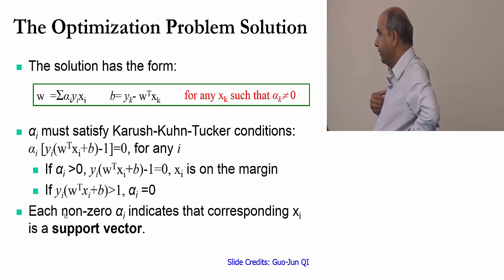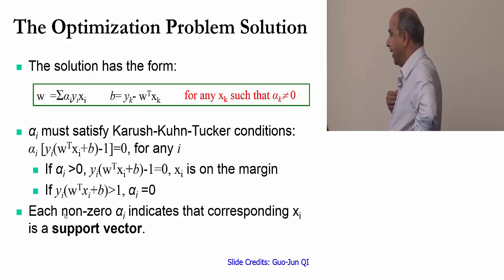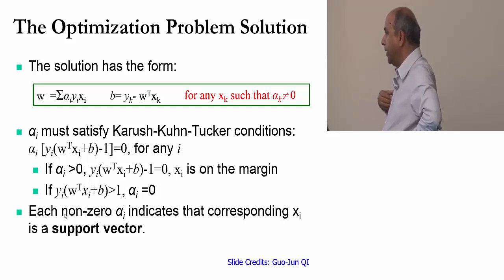Of the two conditions, only the first, where alpha i is greater than 0, we pick those ones, and these are the ones which lie on the margin, and these will be the xi corresponding to those alpha i.